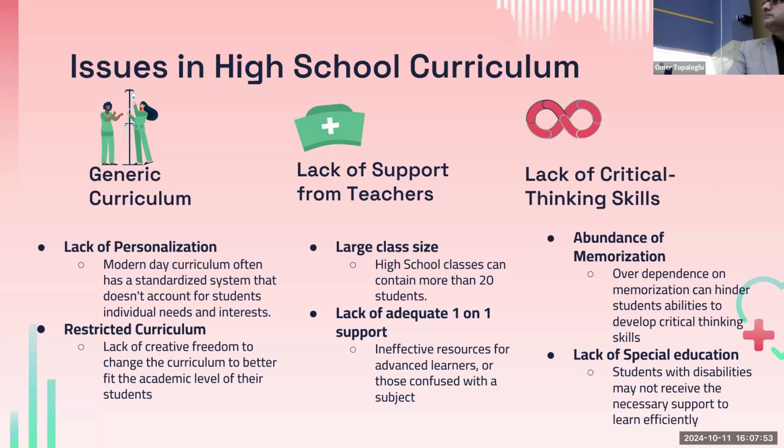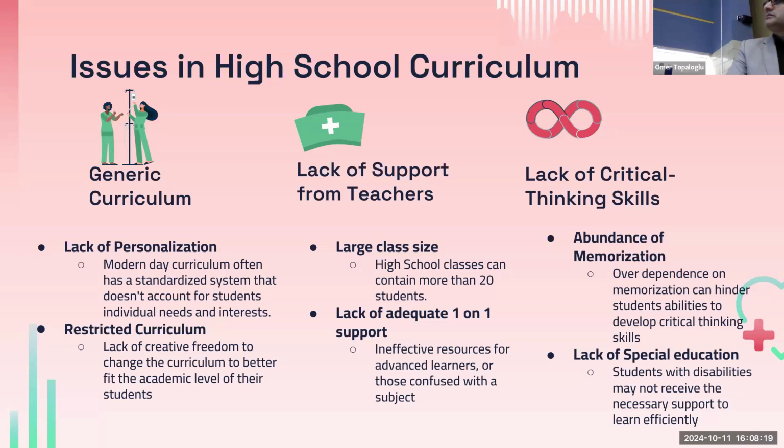Another problem is a lack of support from teachers. As you all know, high school classes usually have a 20 plus students to one teacher ratio. One teacher cannot actively engage with the student one-on-one and cater to their interests and passions as well as they can with 20 other students.